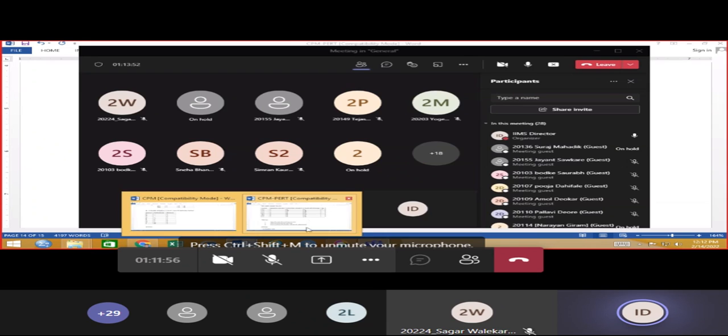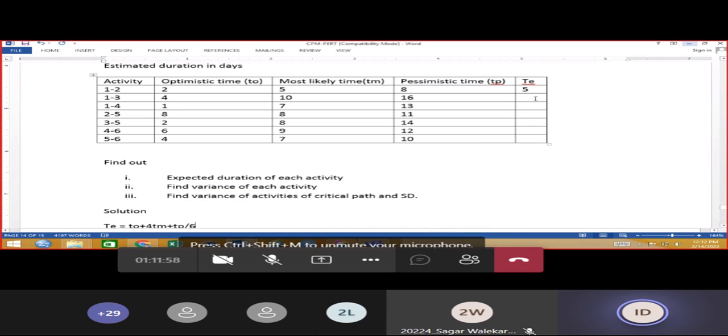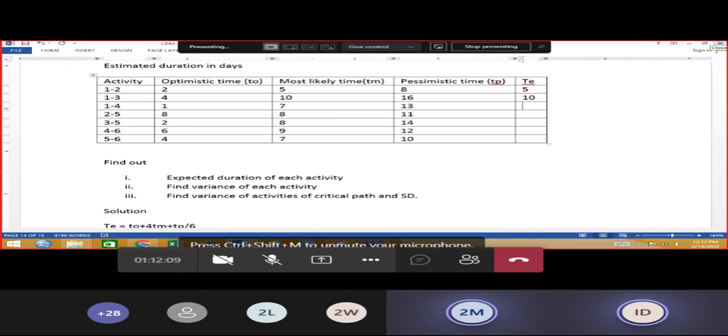Yes, it is over. Tell me, come on, tell me the answer. Activity 1 to 2 is 5, and 1 to 3 is 10, sir. Next, 1 to 4 activity: 7. 2 to 5 activity: 8.5. Then 5, 2, 5... 8.